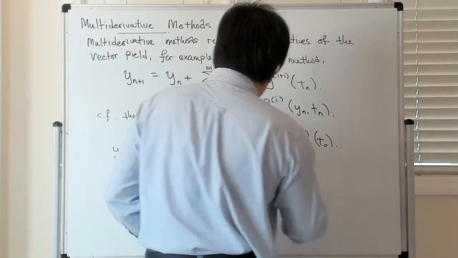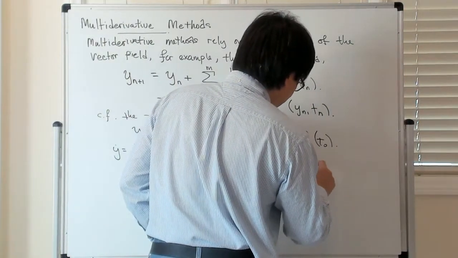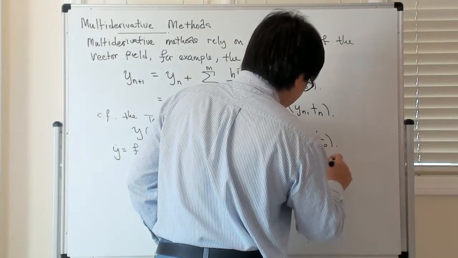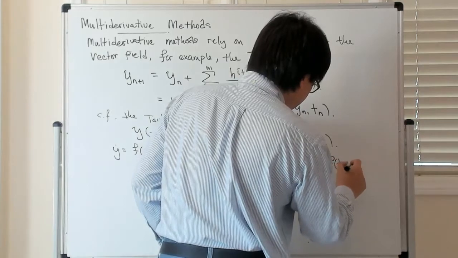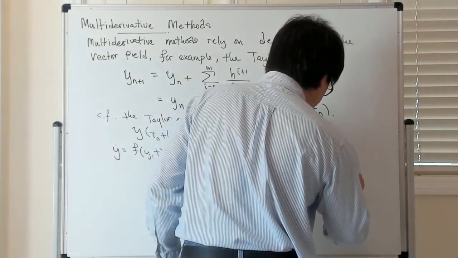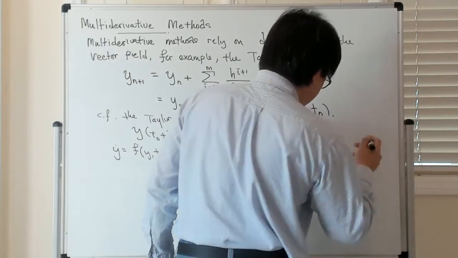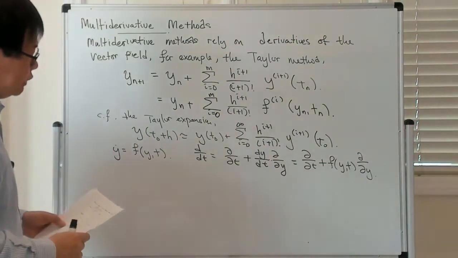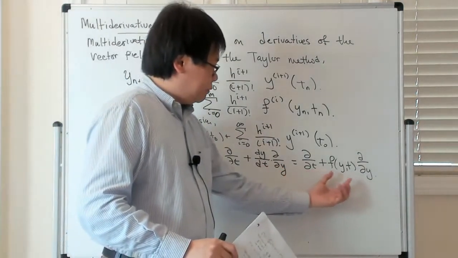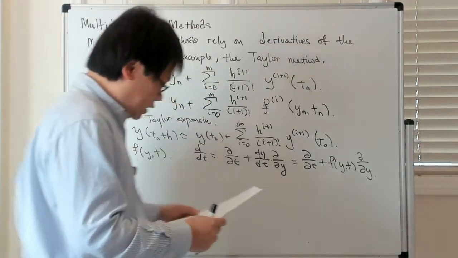So the total time derivative operator looks like the partial with respect to time plus f of y and t times d/dy. All right, so it's a partial with respect to time plus the vector field multiplied by the partial with respect to the solution y.